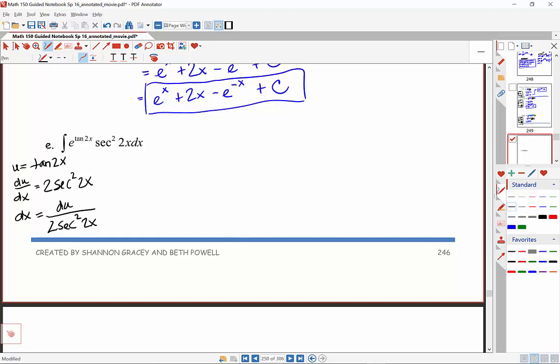So I think this will work out nicely. So rewriting our integral, we'll have e to the u times secant squared at 2x, and then we'll have times du over 2 times secant squared at 2x.